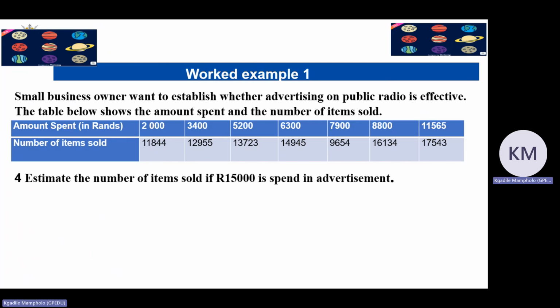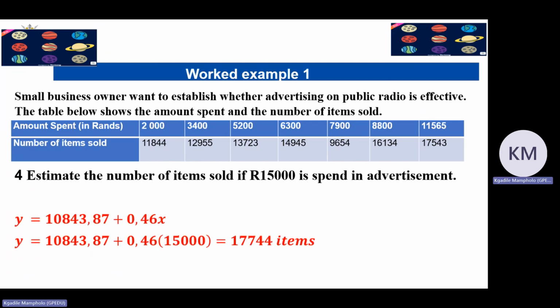Estimate the number of items sold if 15,000 is spent on advertisement. They say estimate the number of items. Remember, number of items is the output, so it's y. It means you are calculating y.